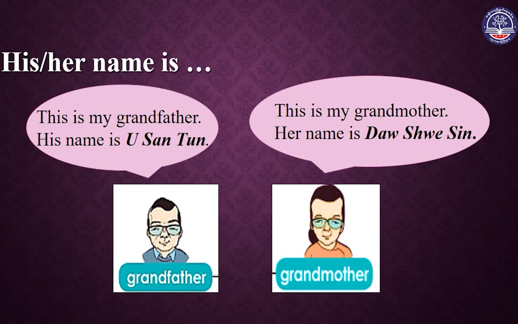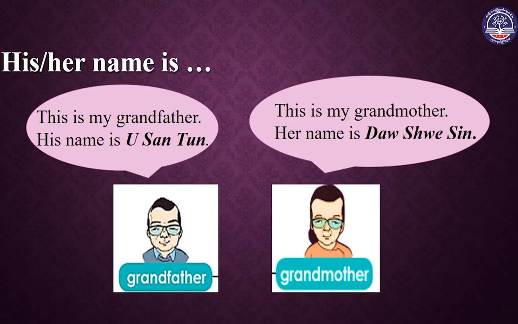Have you got it? In previous week, we already studied this is, right? So now you have to learn his name is, okay? So you can also use your grandpa name, okay? Usanton is just an example, okay? So you can introduce like, this is my grandfather. His name is Usanton, like that.